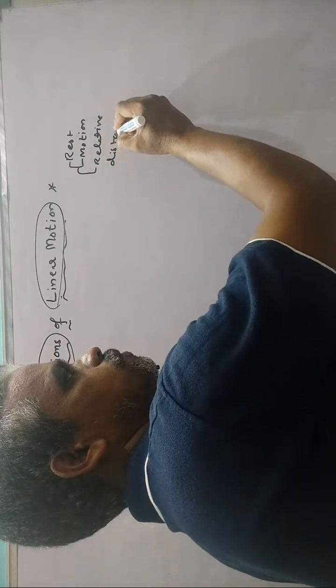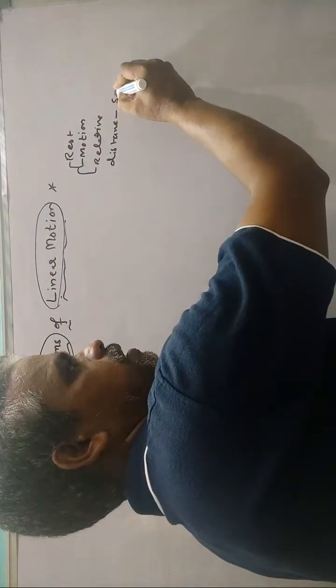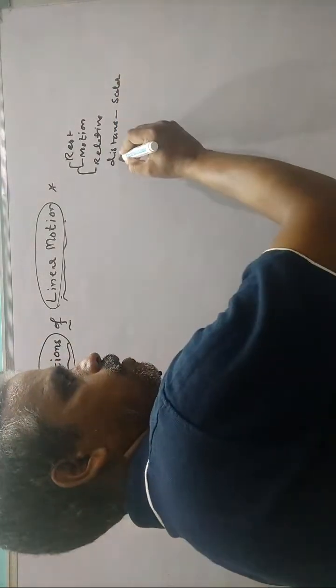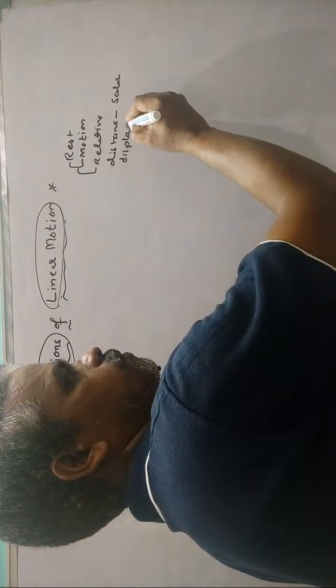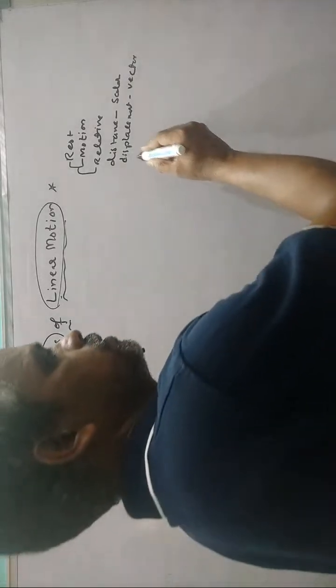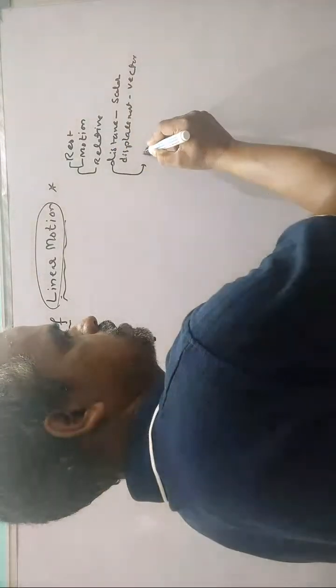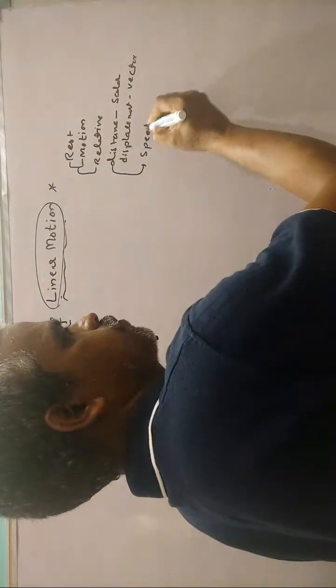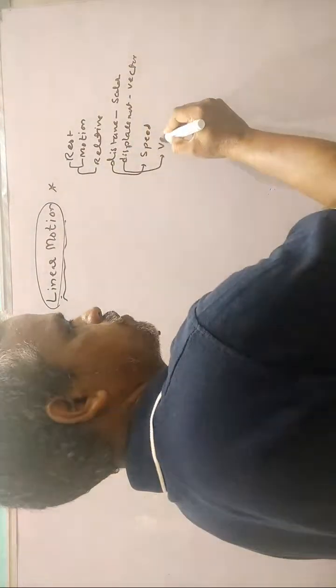Distance is scalar, displacement is vector. What depends on distance is speed, and what depends on displacement is velocity.